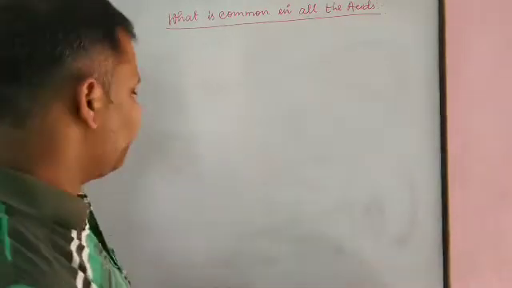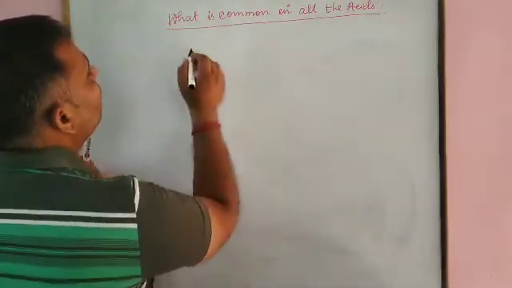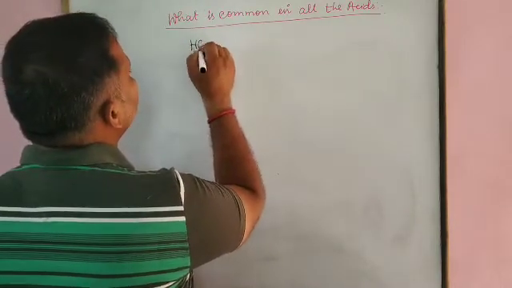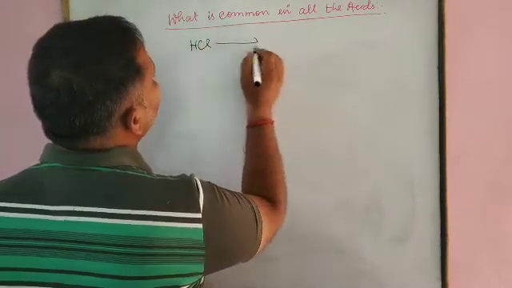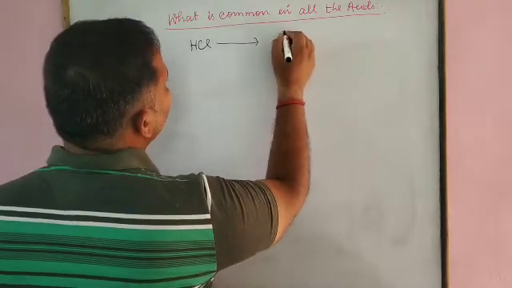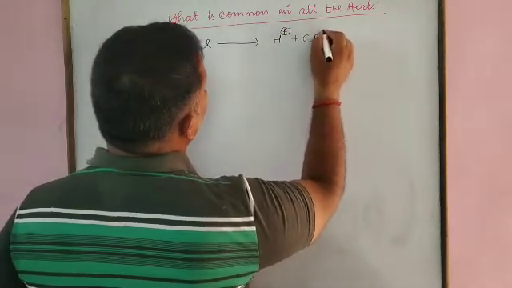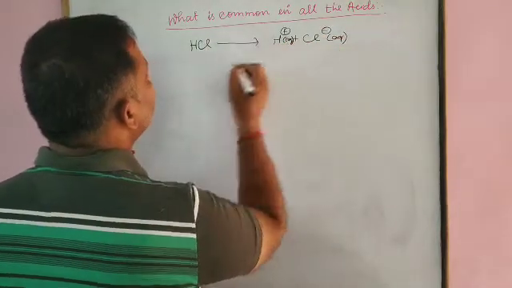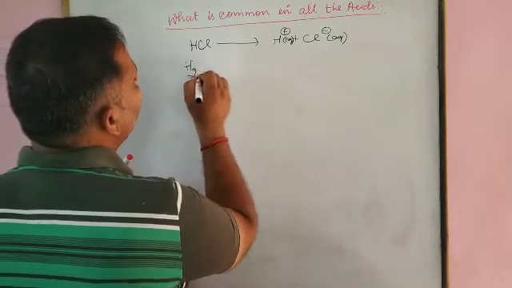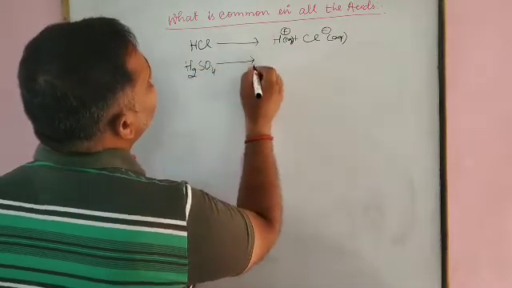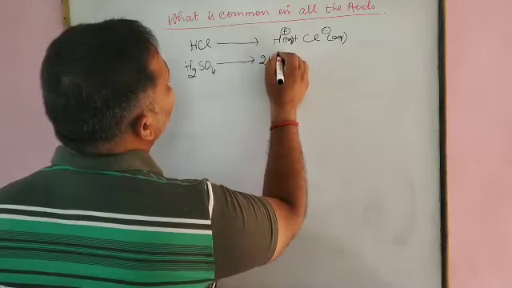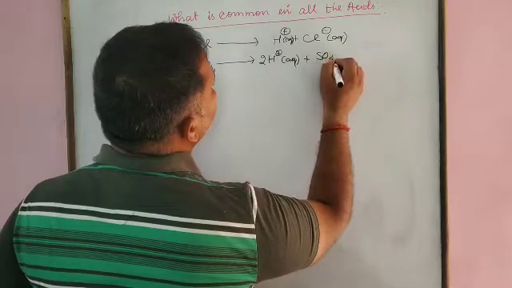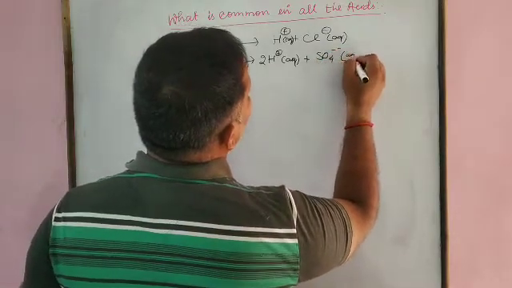Let us see. We have hydrochloric acid, HCl. It dissociates to form H plus and Cl minus, aqueous. If we have sulfuric acid, H2SO4, it will dissociate to form 2H plus aqueous plus SO4 2 minus aqueous.